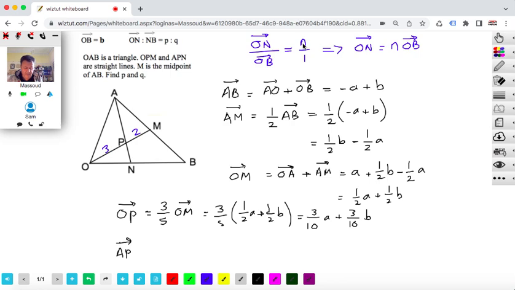Right, so AP would be A to O and O to P. That would be equal to AO plus OP.